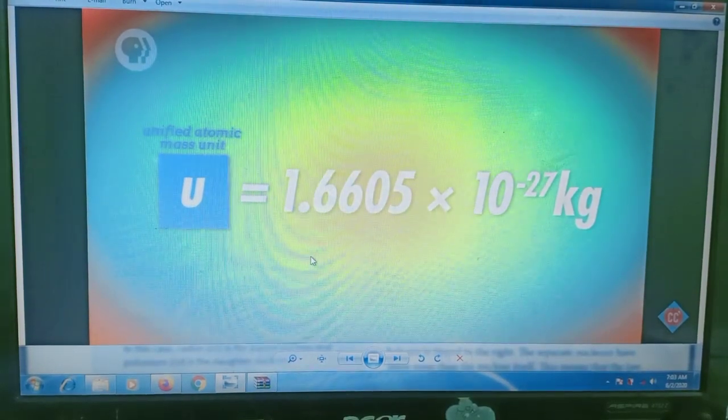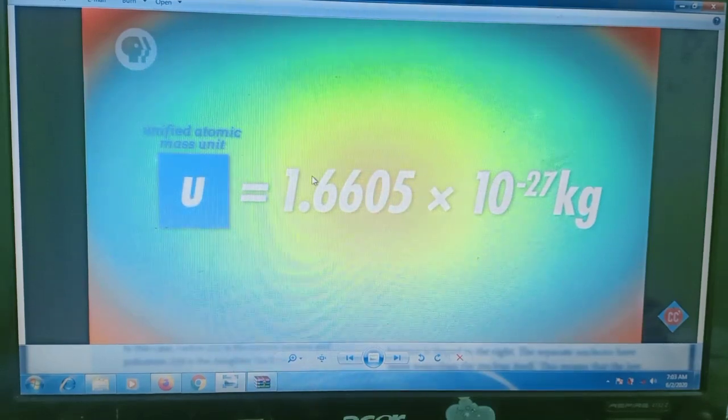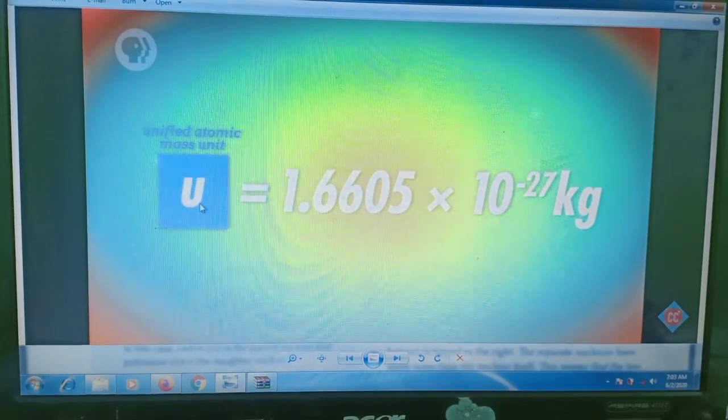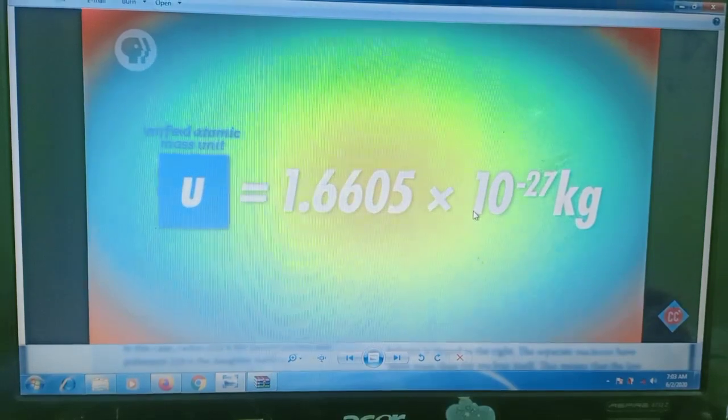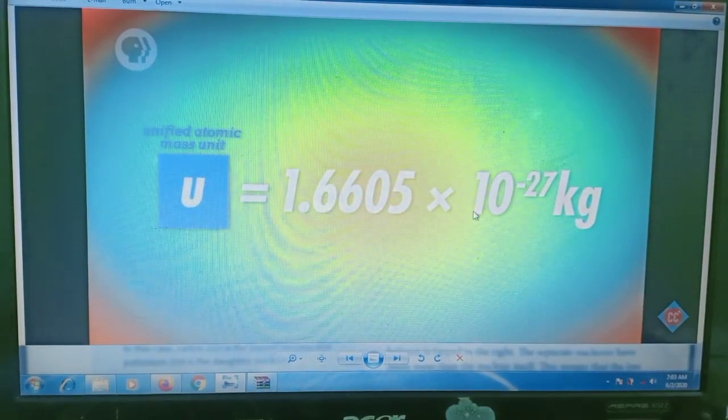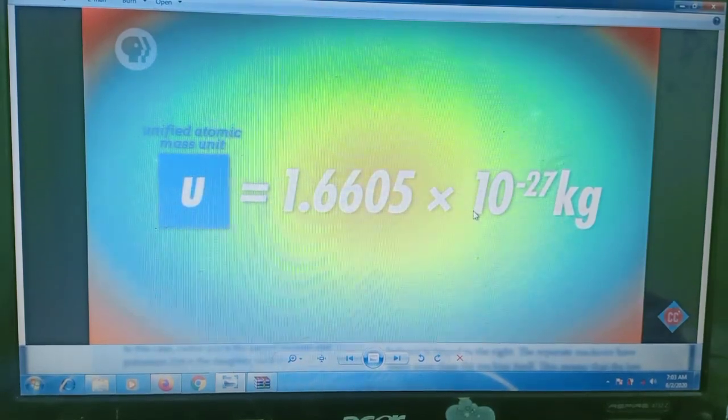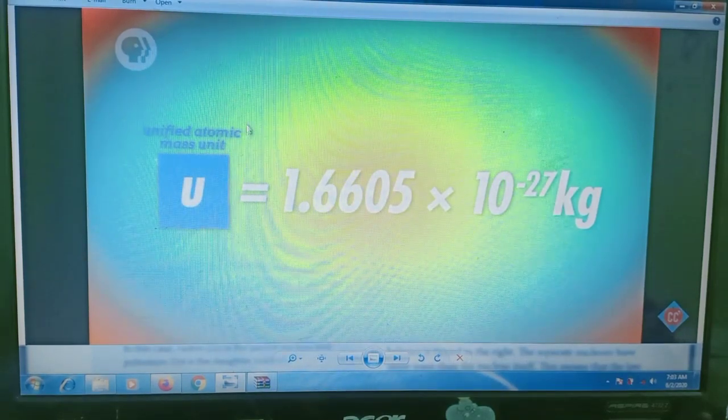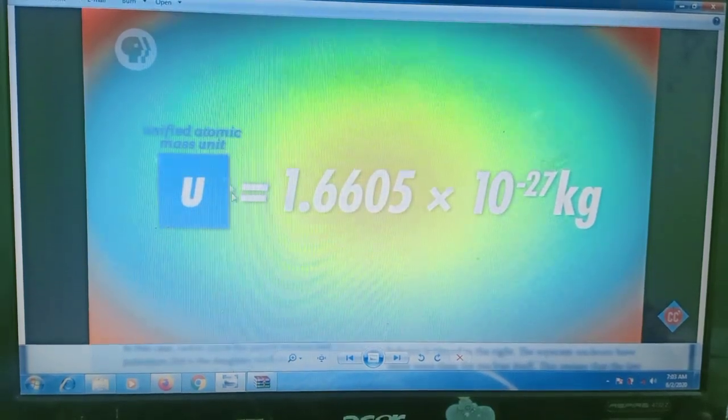To calculate the mass of subatomic particles, we use the unified atomic mass unit, which is u. u is 1.6605 times 10 to the power of negative 27 kilogram. This has also been studied before. So we do not use the unit of kilograms for subatomic particles, but we use the unit u, the unified atomic mass unit.